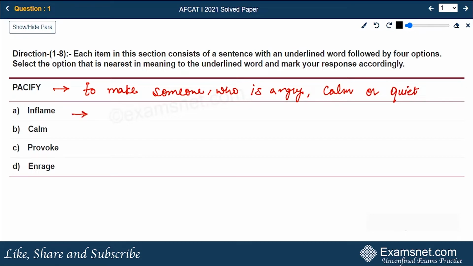Inflame means to make someone very angry. Calm means to be in the state of peacefulness.